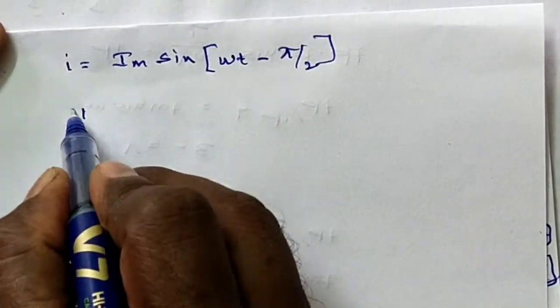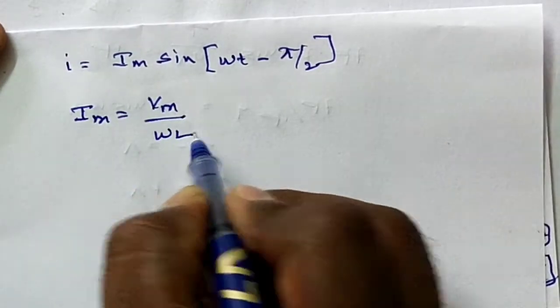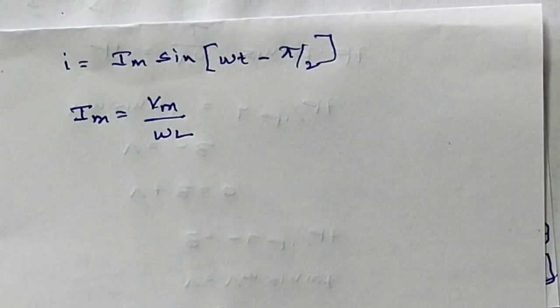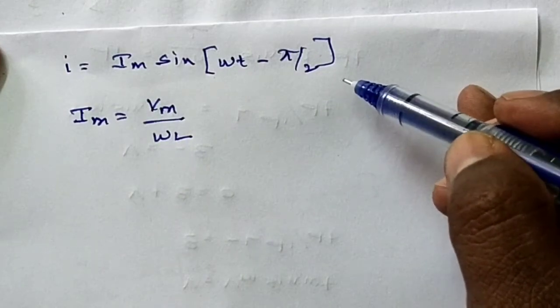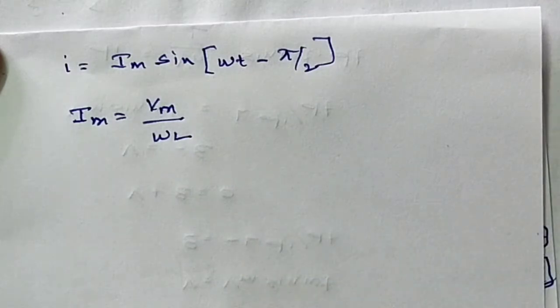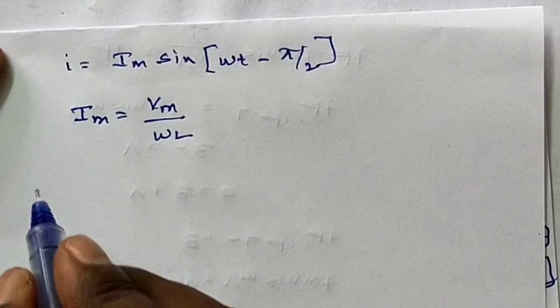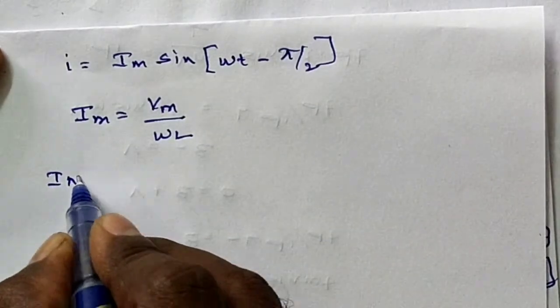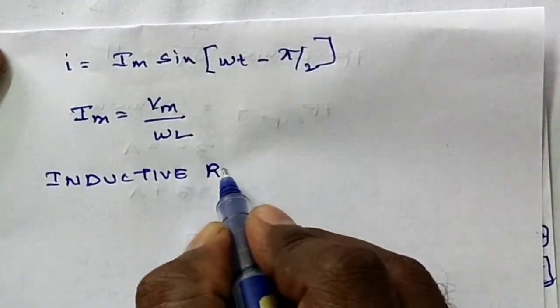Im is Vm by omega L, so the peak value of the alternating current Im equals Vm by omega L. Regarding phase, the current lags behind the voltage by pi by 2, that is 90 degrees. The omega L in Im is called the inductive reactance.